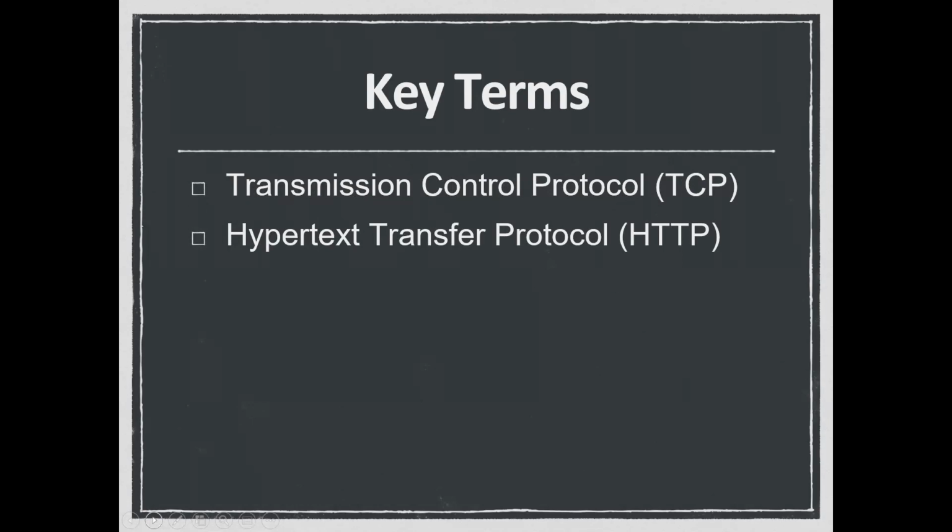Hypertext is where I embed links into text. So the Hypertext Transfer Protocol is what allows me to move from one page to another, no matter what computer I'm working from, no matter what operating system or machine I'm using. HTTP is what allows the navigation within that system.